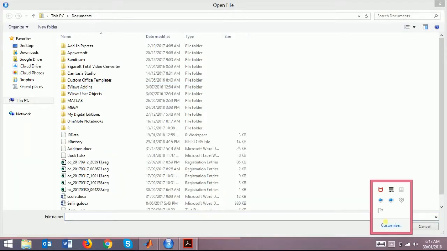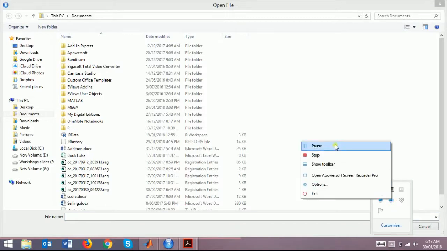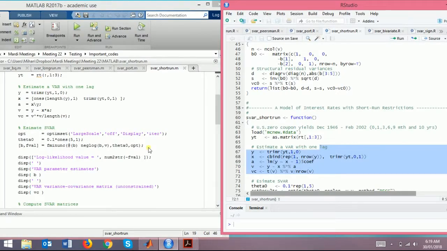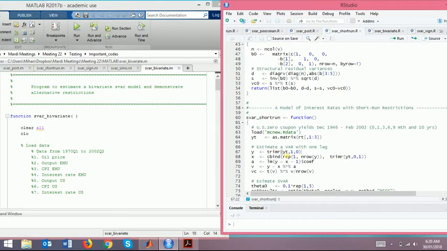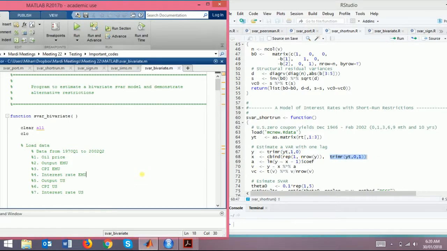There's no point showing you where the files are, so I'm just going to pause it at this stage. So without the loop, a VAR with one lag is estimated in this manner, which is our old-fashioned way. So column bind, replicate first the constant, then a level and lag, then regression.